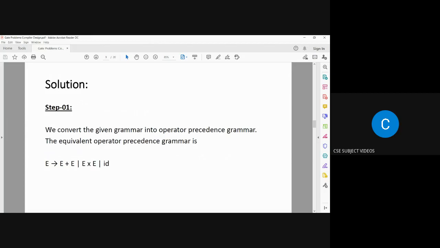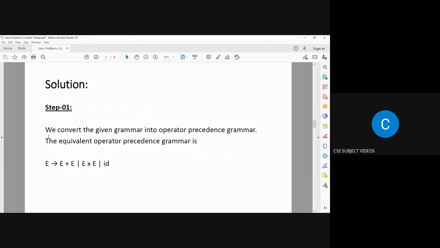So the input string terminals will be reduced to non-terminals, and then all the non-terminals will be removed, and then we are taking only the operators from the string. Among the different operators involved in a particular string, the operator that has higher priority than the other operators will be removed from that particular step.